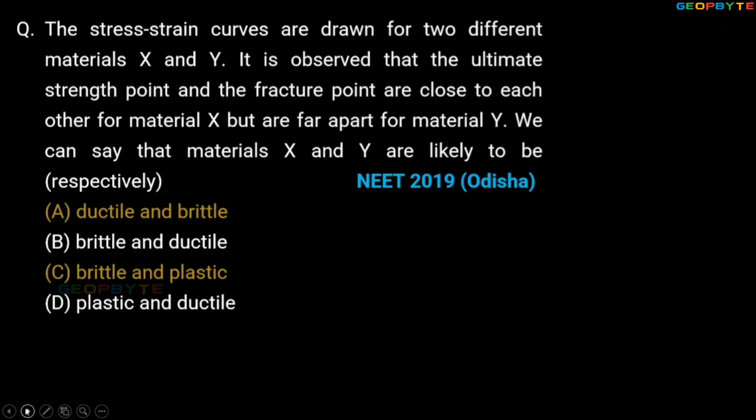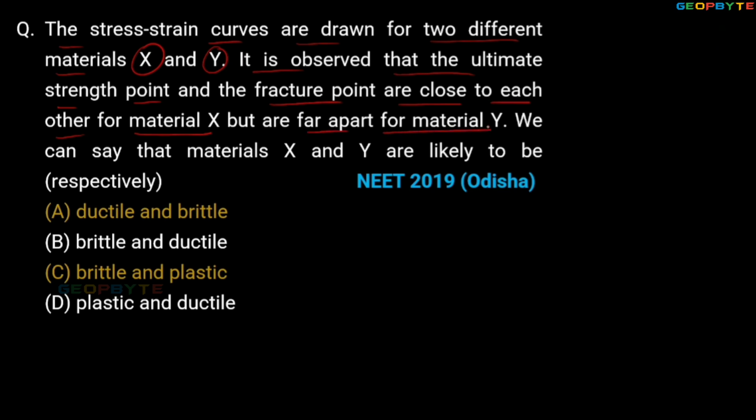The stress strain curves are drawn for two different materials X and Y. It is observed that the ultimate strength point and the fracture point are close to each other for material X, but far apart for material Y. We can say that the materials X and Y are likely to be respectively.